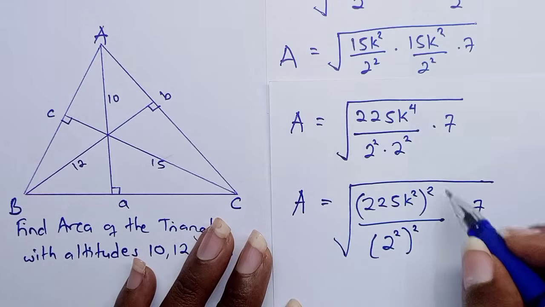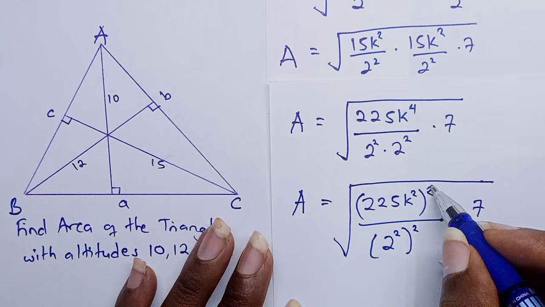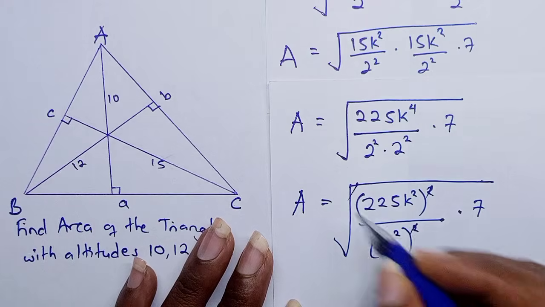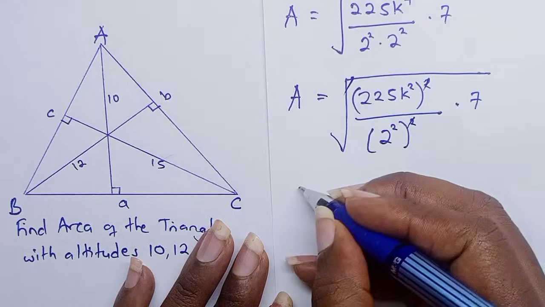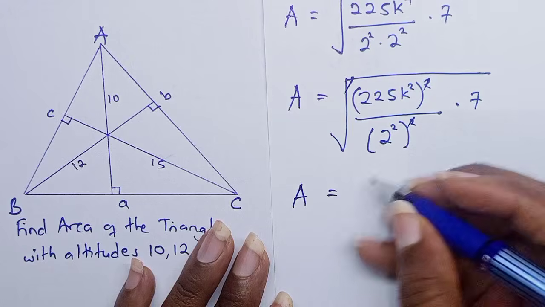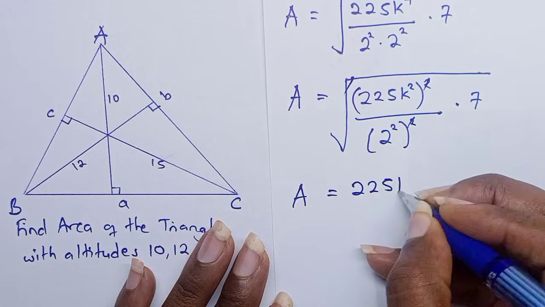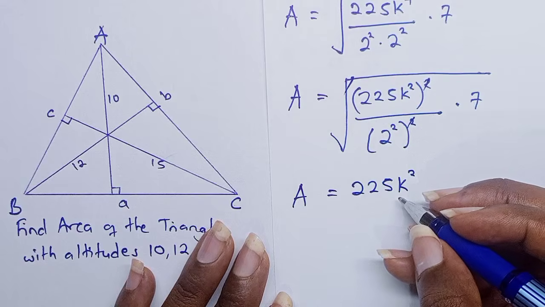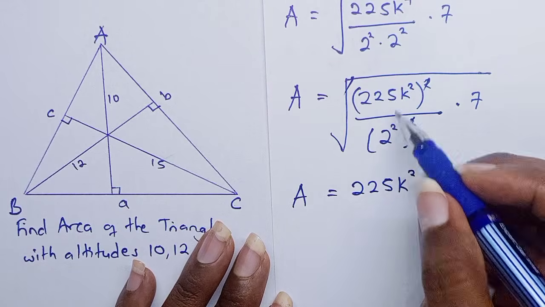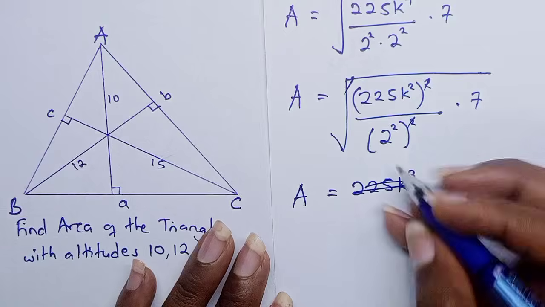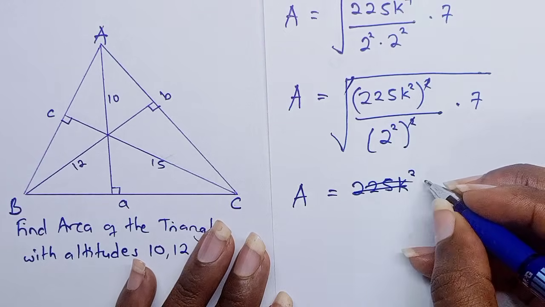So this here cancels with the square root, also this cancels with the square root, and we are left with area being equal to 225K squared, square root of 225, we've not found it, so square root of 225 is 15.